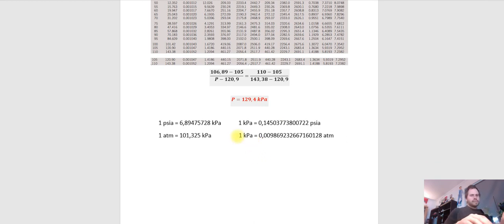So the pressure in PSI will be 129.4, and then we multiply with that number we see here.